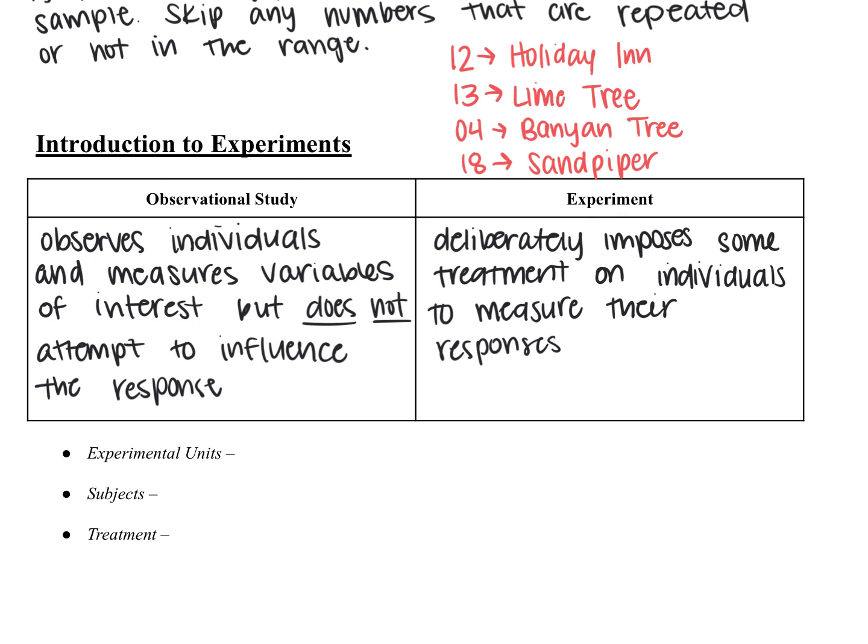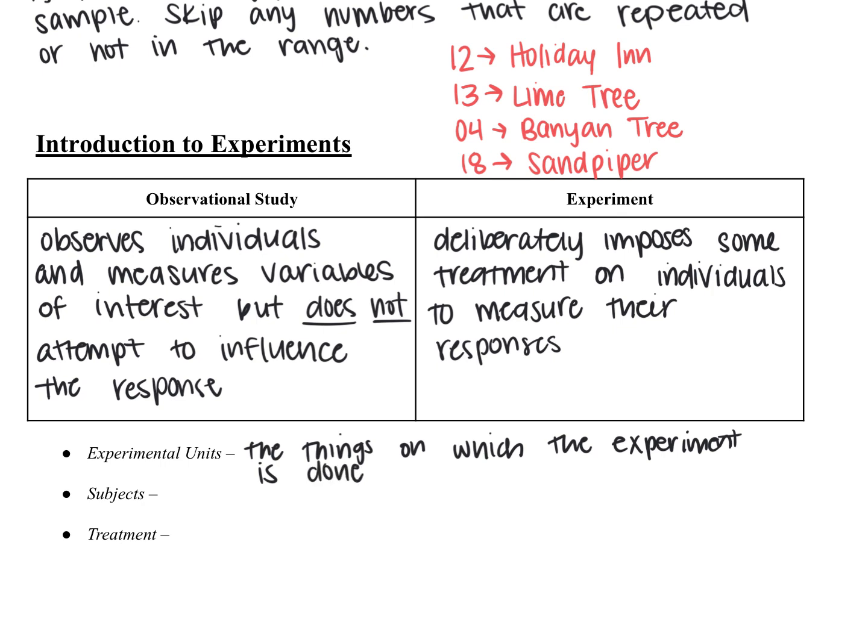So let's talk about 3 things that you're going to see a lot when doing either an observational study or an experiment. The first one is the term experimental units. So this one is specific to experiments because if you're not doing an experiment, you don't have experimental units. An experimental unit is the things on which the experiment is done.